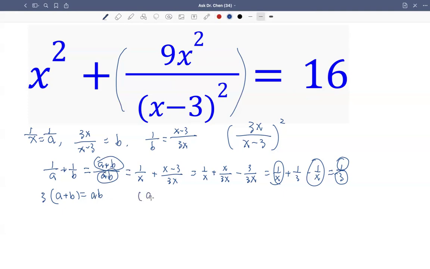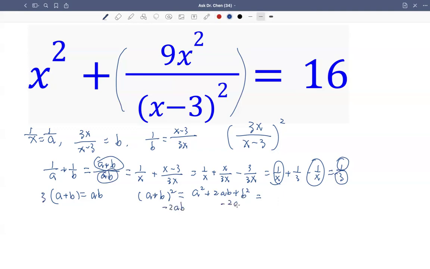So now, remember (A plus B) squared is just A squared plus 2AB plus B squared, right? Then let's subtract 2AB from this.